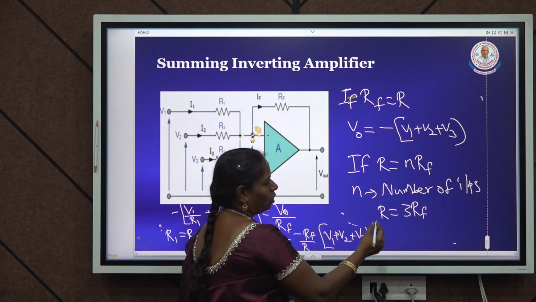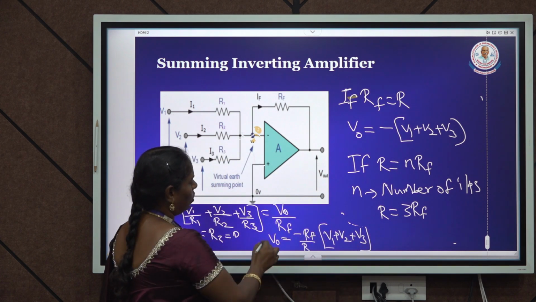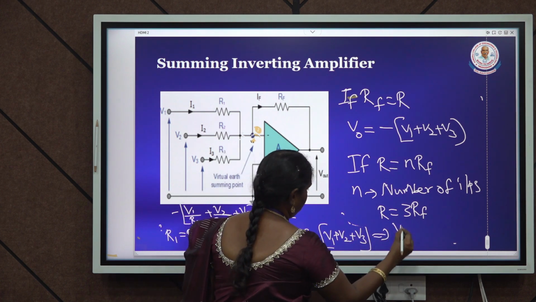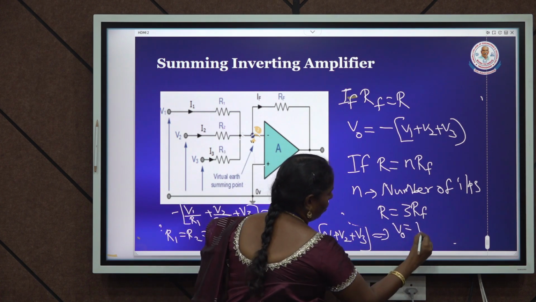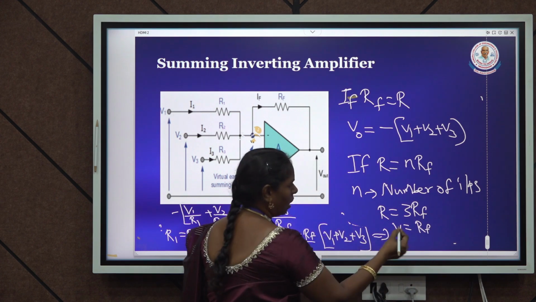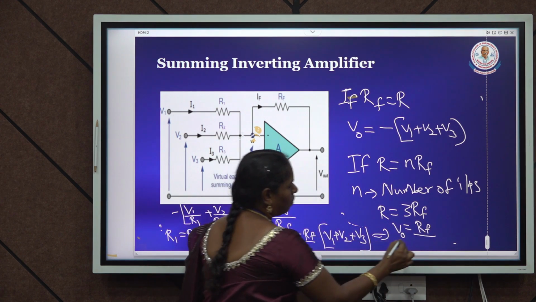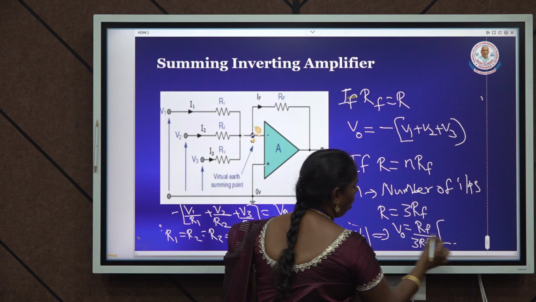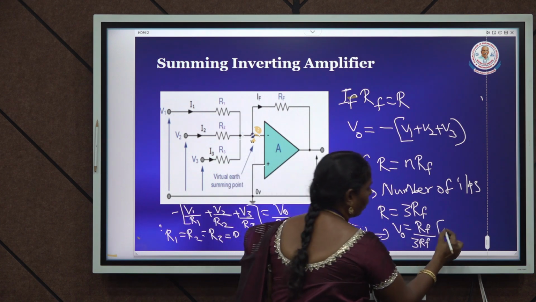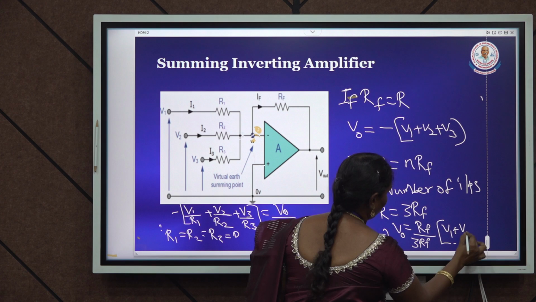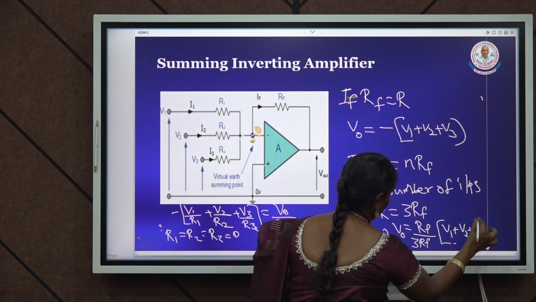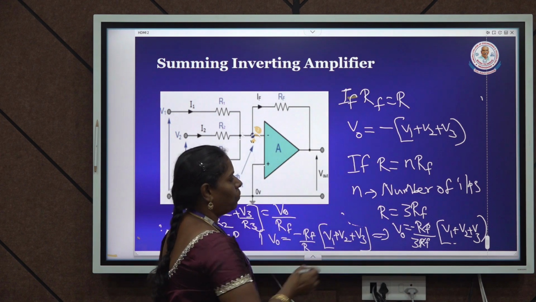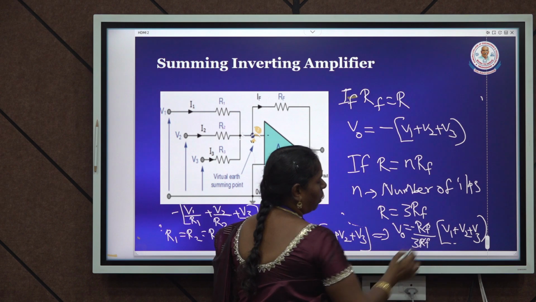So, R is equal to 3 RF, then the equation will be changed to V0 equal to minus RF, and instead of R I am writing 3 RF, since I am giving 3 inputs, so I have chosen the R value as 3 RF, times V1 plus V2 plus V3. Here RF cancels. So, the V0 equation will be V1 plus V2 plus V3 divided by 3, with the inversion.